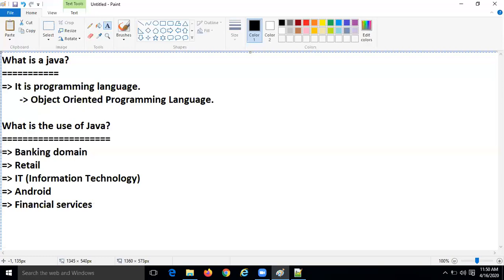Financial services. Okay, the next one, like stock exchange is there, right? That is the stock market. Stock market also we can use. Am I right? Okay, and big data. Did you hear about that? So big data like Hadoop. Okay, so we can use that in big data.